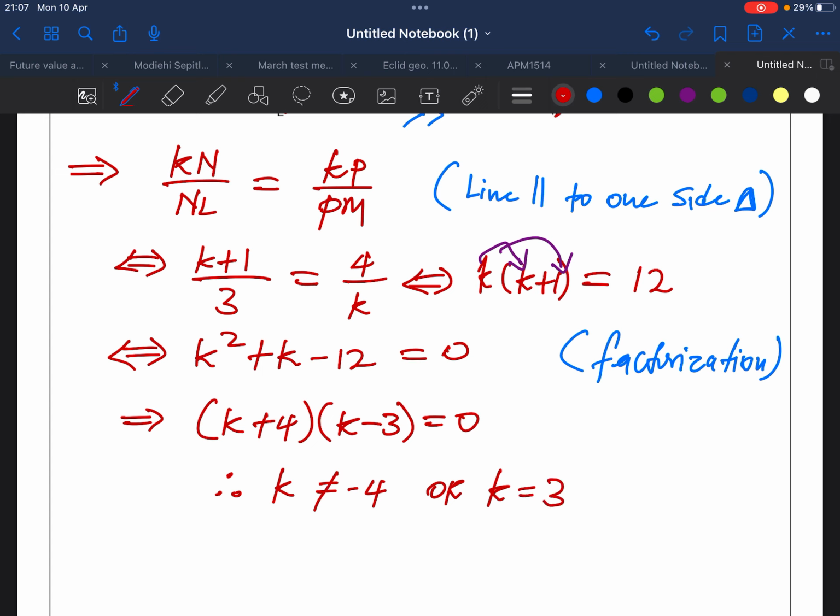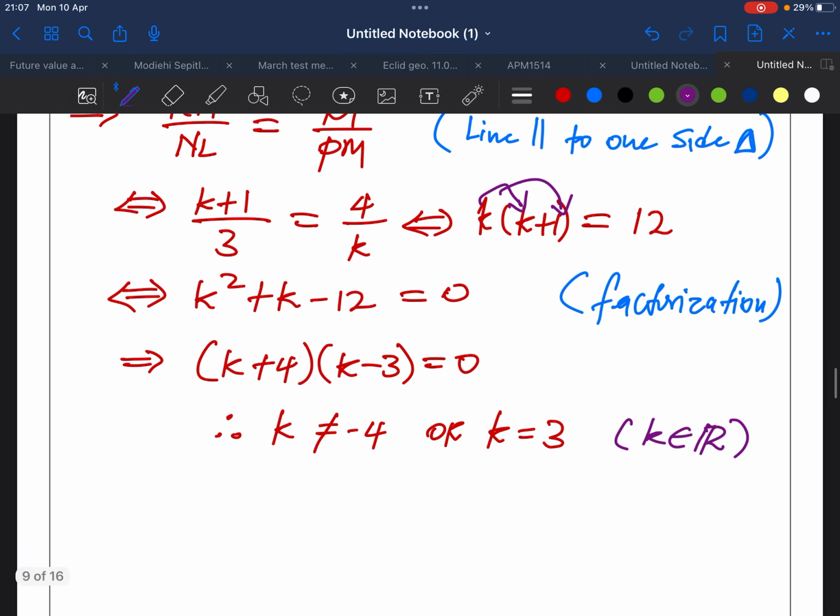It is clear that K equals minus 4 is not our solution, because our values of K must be elements of real numbers which are positive. We are not looking for negative numbers.